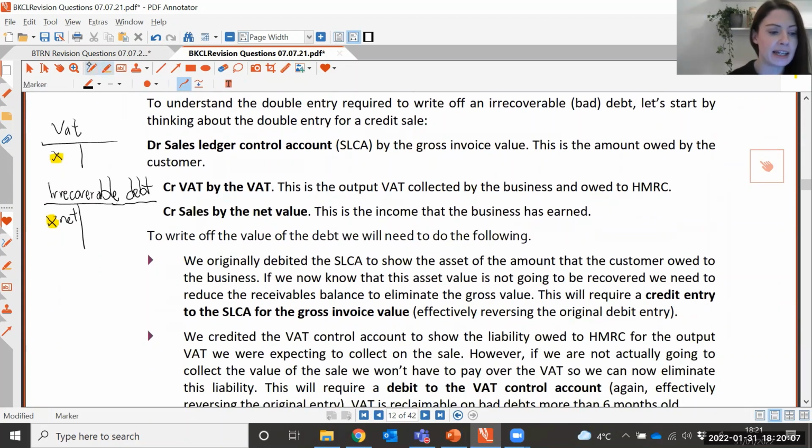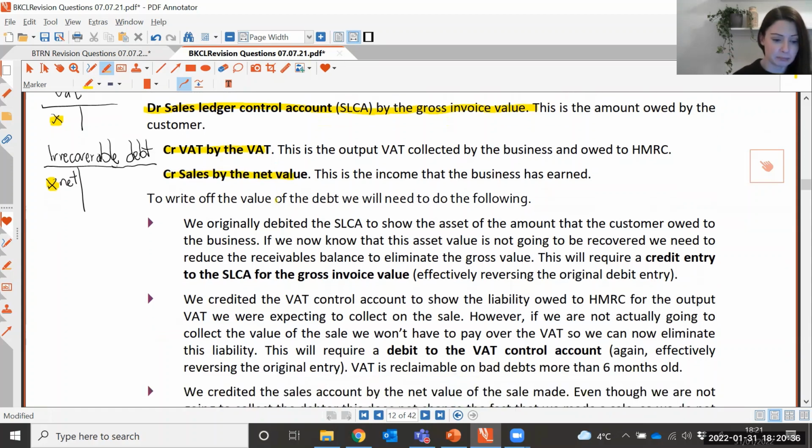And it's just saying here, we would debit the sales ledger control account by the gross invoice value. So this is the amount owed by the customer. This is when we originally make the sale. Then we credit the VAT because the VAT liability will increase because we need to pay that amount over to HMRC. And we credit the sales account with the net value, the income.